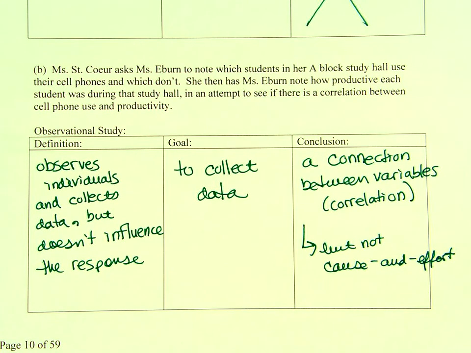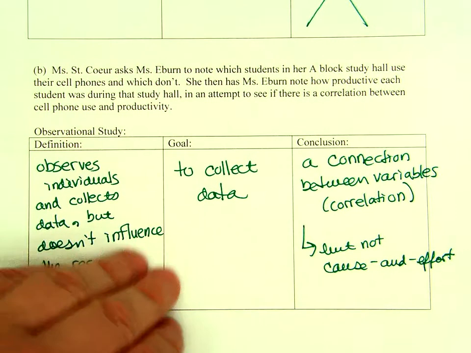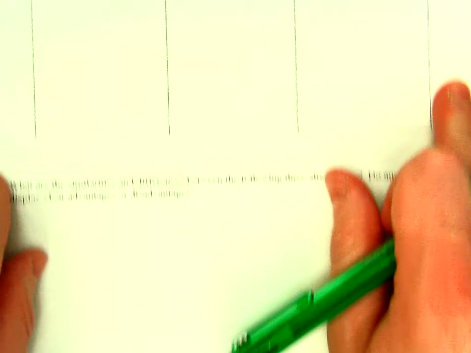The group that's using their cell phone or the group that's not using their cell phone. Well, other things might affect if they decide to use a cell phone or not. Maybe the more studious students are the ones who choose not to use their cell phones, which is why they're going to be more productive. Not because of the cell phones, but because they're more studious students in general. We can see a relationship, but we can't determine that one thing causes something else.